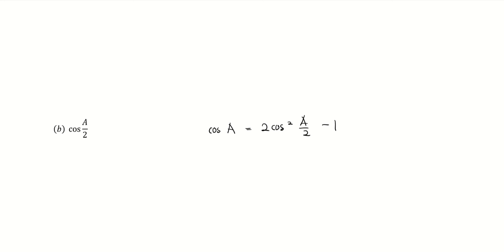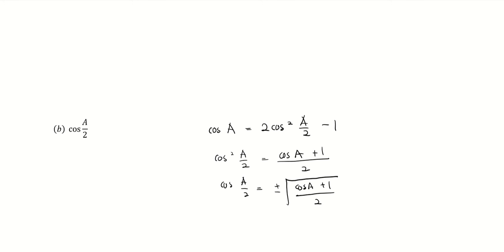If we rearrange, we will get cos squared A over 2 is equal to cos A plus 1 over 2, and then cos A over 2 is equal to plus or minus the square root of cos A plus 1 over 2. So it has plus or minus here.